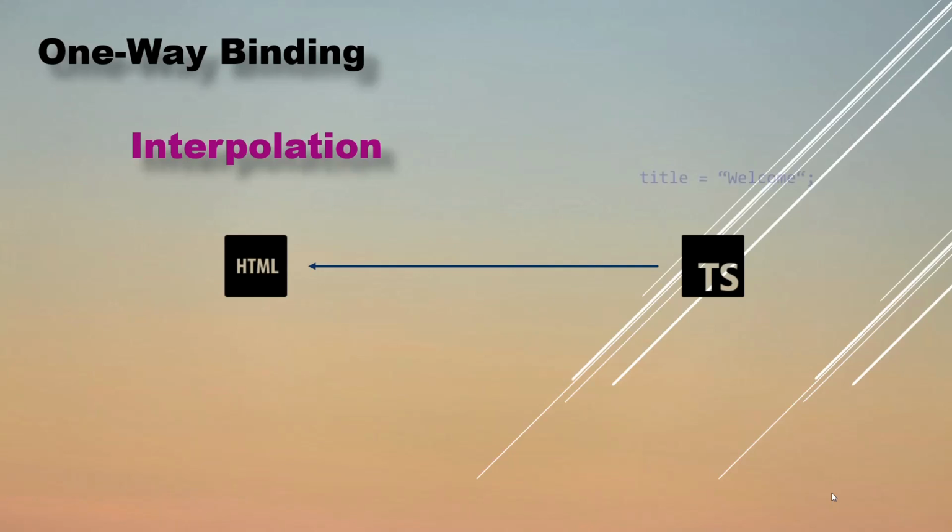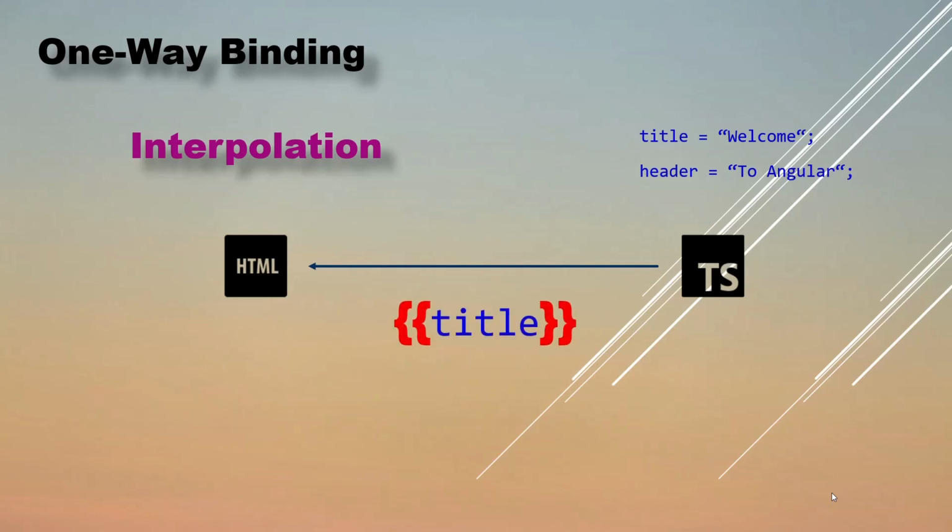Let's say I have created two variables in the TS file: title is equal to welcome and header is equal to Angular. How can we show them in HTML? By using the interpolation property, we can show them in the HTML by writing this syntax.